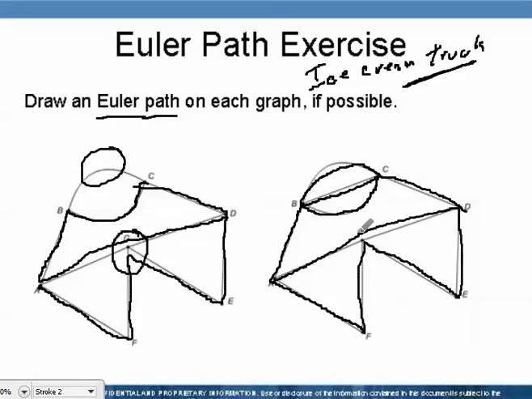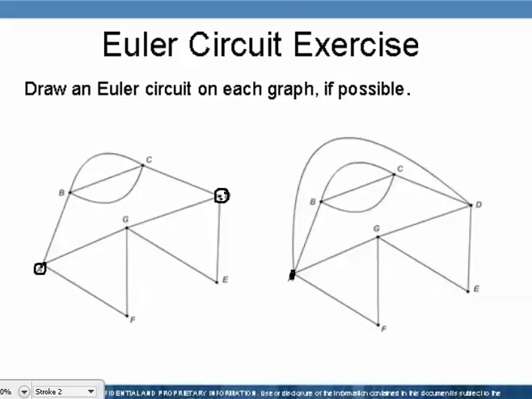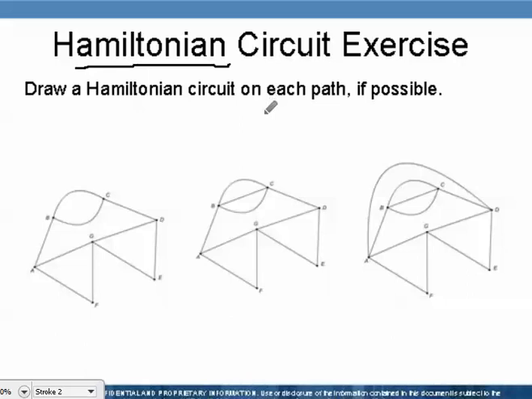I went through this point here twice. I went through this point 3 times. I went through this point 3 times. So those wouldn't be good concepts in a Hamiltonian path, okay, or a Hamiltonian circuit. You want to go through every point just one time, okay?